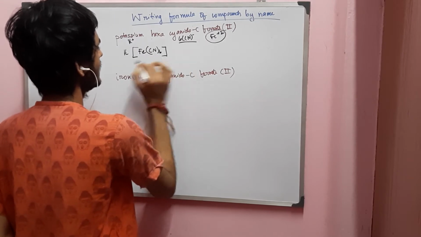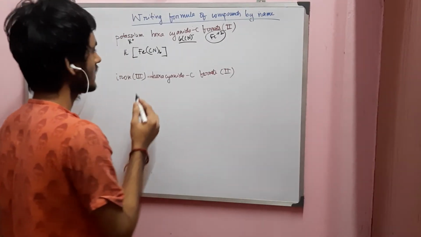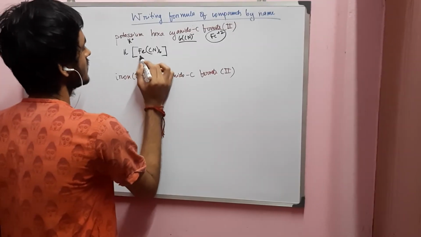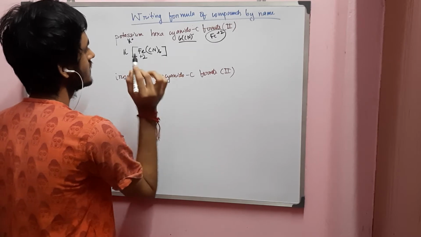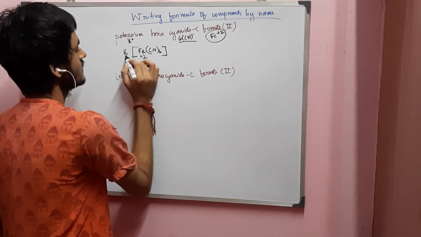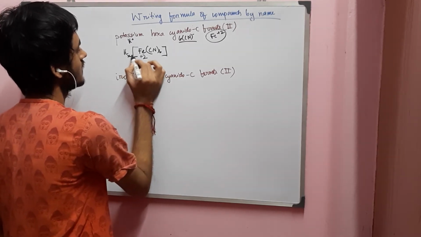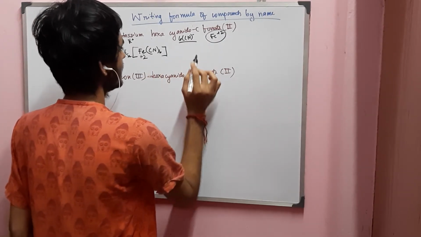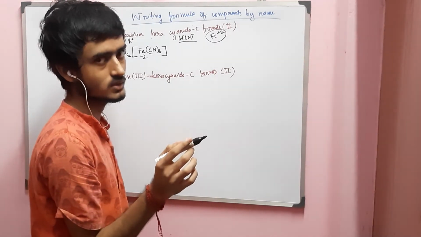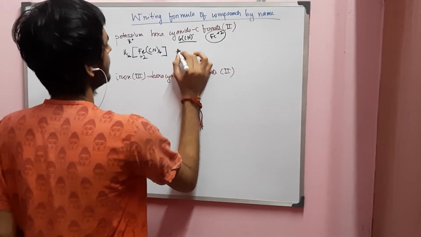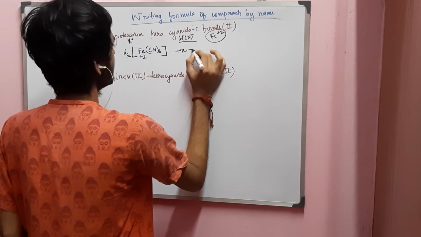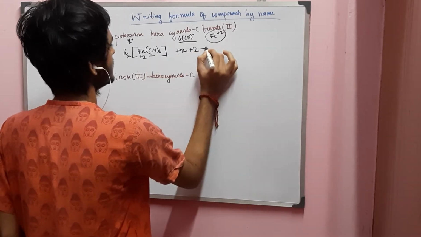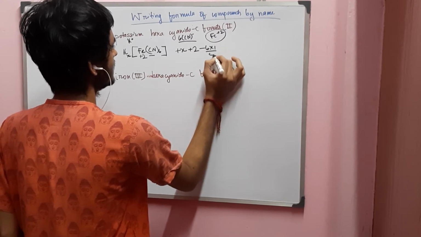hexacyanide, Fe with 6. Okay, so let's calculate the charge of the coordination sphere. The oxidation state of Fe is plus 2 and there is CN minus. Let's say there is xK+. So 1 K+ has plus 1 charge, so xK+ will have plus x charge, plus 2 and minus 6, that is the charge of CN.